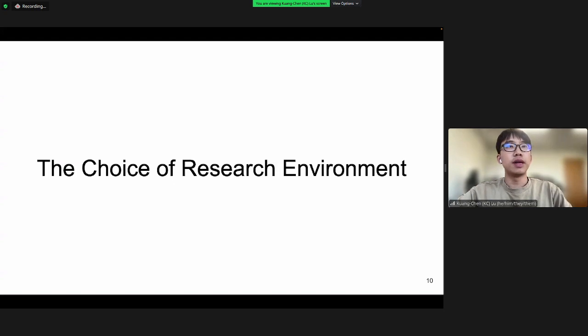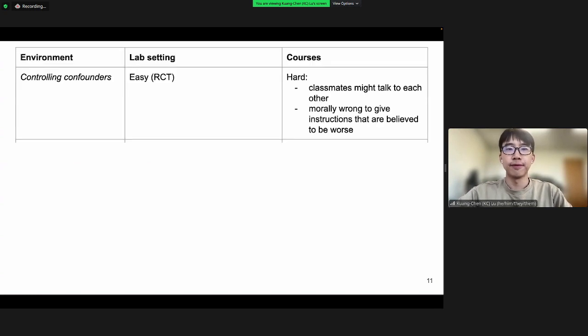We also need to make a decision on the choice of research environment. Let me expand on what I mean. There are two natural choices of environment: in a lab setting, where we pay students to visit, and in courses, where the data are collected via assignments and exams.